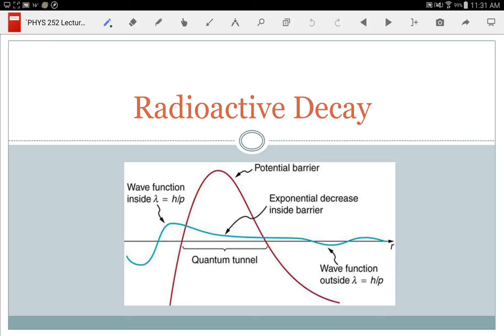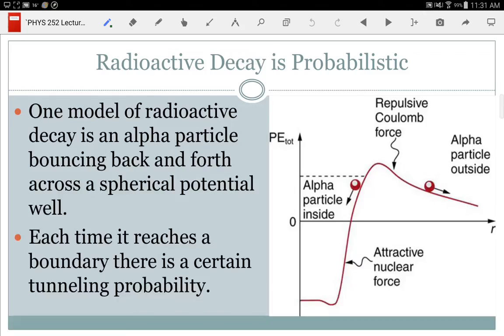And one way that we can model this is by treating the nucleus as a spherical energy well. So we've done the particle in the box problem. And the particle in the box problem, we just had one dimension. Well, with the nucleus, we treat it as a sphere, right? Because that's pretty much the shape of a nucleus.